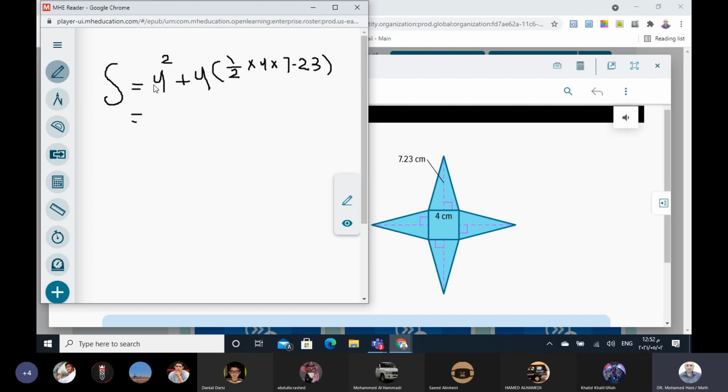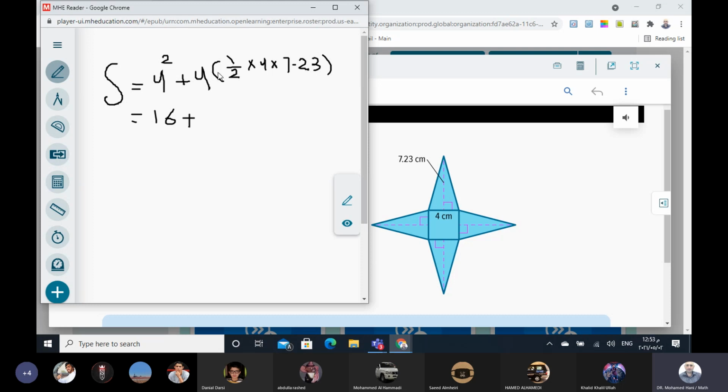Now we can calculate. Here 4 squared means 4 times 4. 4 times 4 will be 16. Plus, here we have 4 times 1 over 2, which will be 2. 2 times 4 will be 8. Then 8 times 7.23.